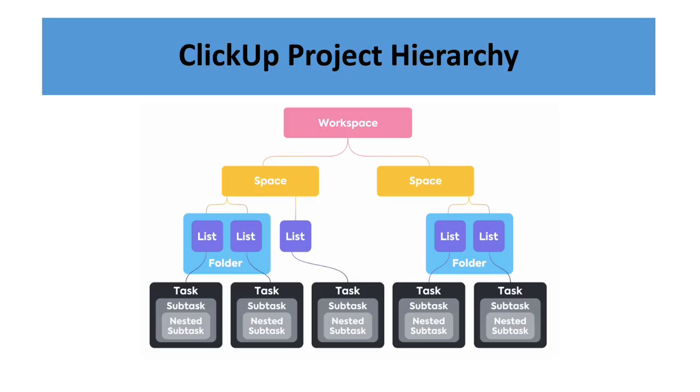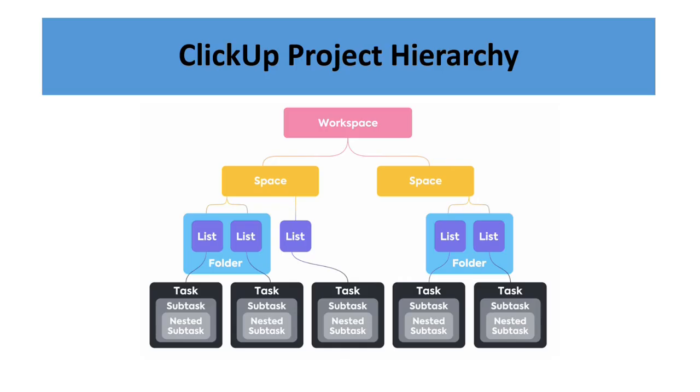Okay, let's move further down. We have lists. So lists are where actual tasks live, and they represent a collection of related work items. A list can represent a project, a topic, or workflow, depending on how your team is structured.